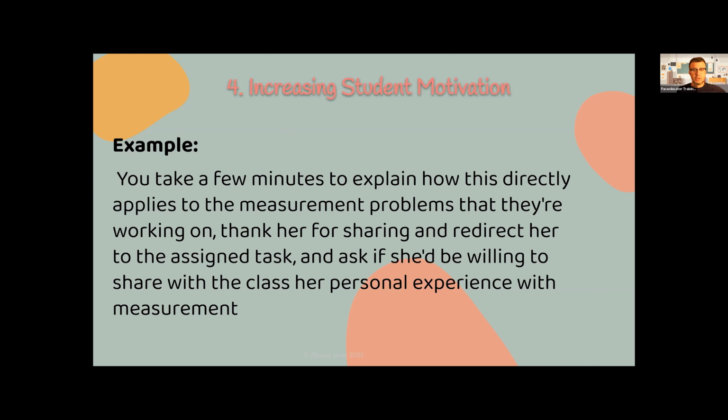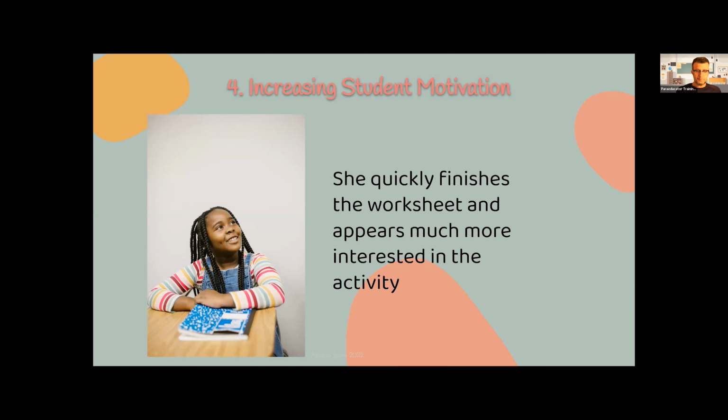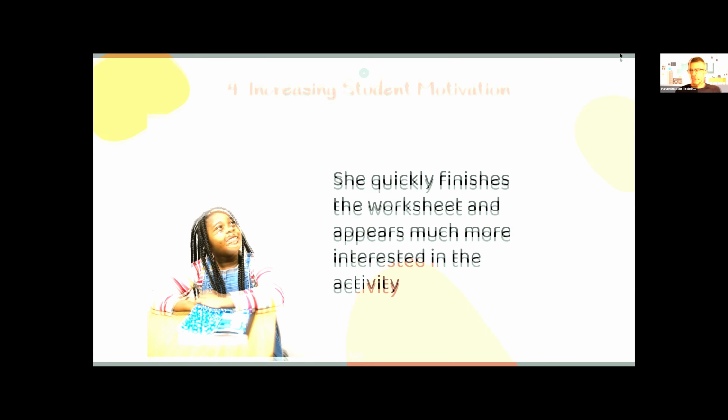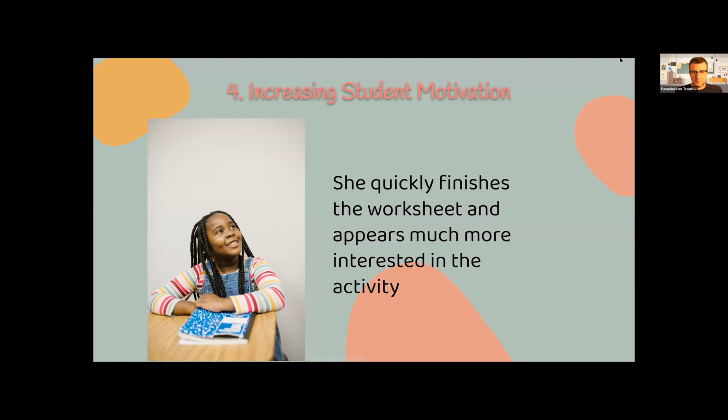If she agrees, if she's not too shy to do so, this is going to be a real teaching win for you. She quickly finishes the worksheet and appears much more interested in the activity. Yay. Of course, this is the ideal outcome for Jacinta. But I wanted to give you an example of something real to relate to when it's possible.